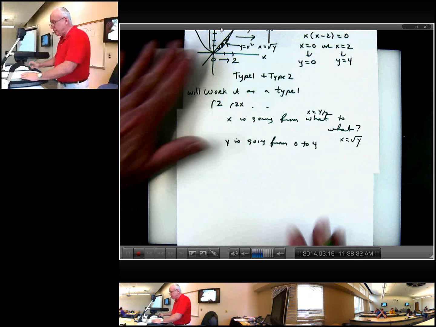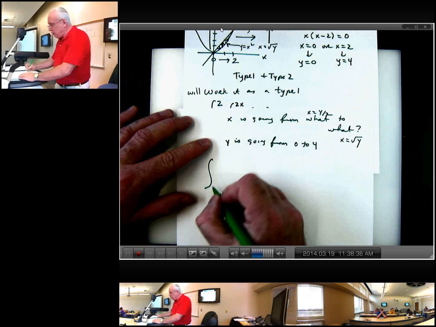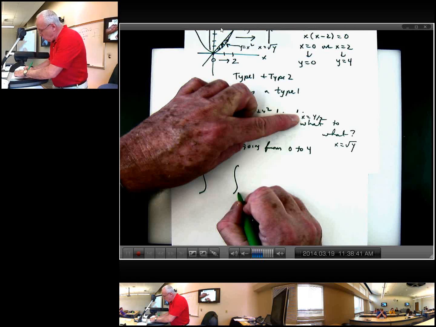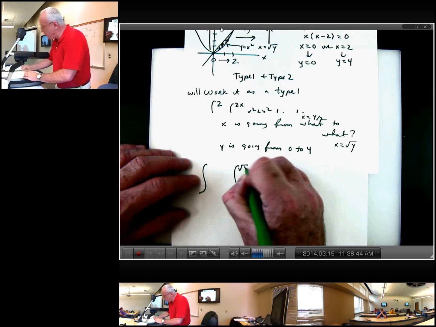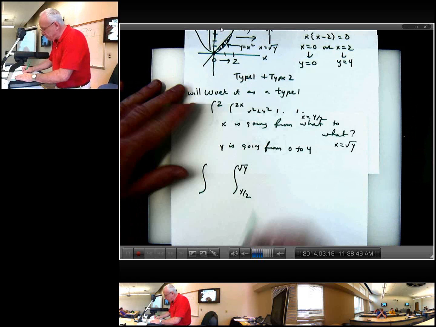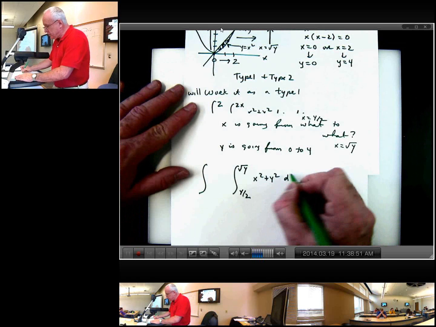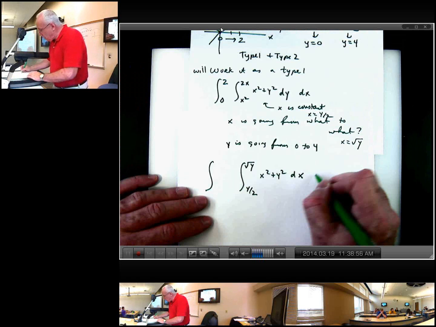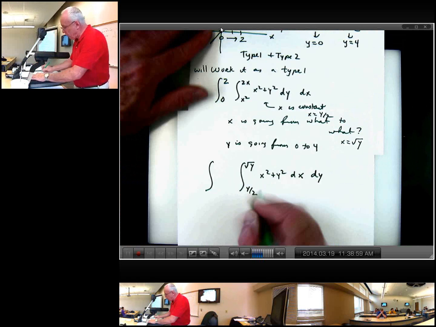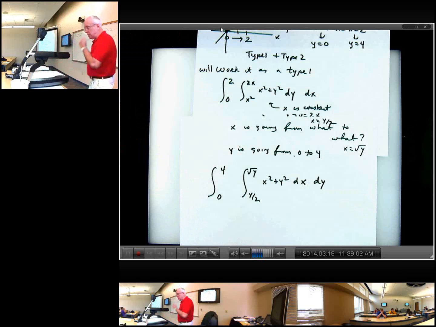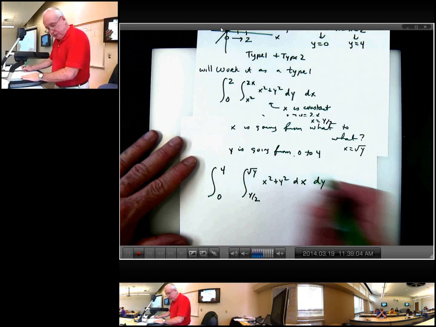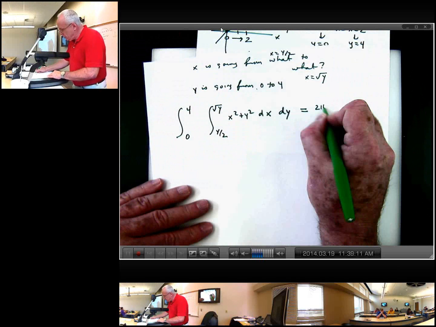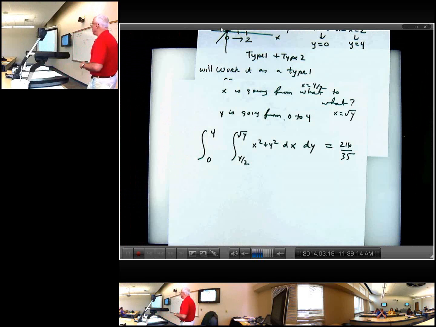So to set this up as a type 2, on the inside I'm integrating x from my lower one, y over 2, to my upper one, square root of y. Then I put my function, x squared plus y squared, and this time it's dx, not dy. And my outer integral goes from 0 to 4. So I will get the same answer, 216 over 35, just going a different direction.